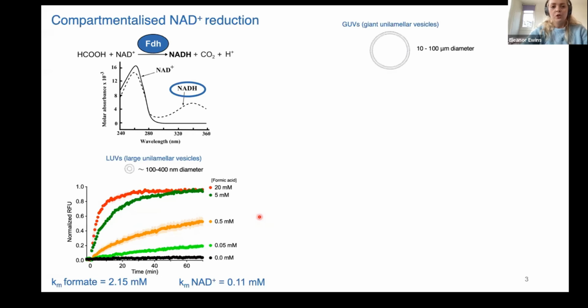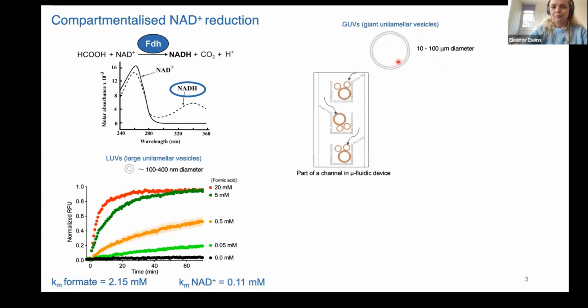Then we wanted to scale up the system to GUVs, giant unilamellar vesicles. One of the reasons to do this is predominantly because of their size. Due to their much larger size, we're able to visualize this reaction on a microscope, and it also provides more space for encapsulation of other components.